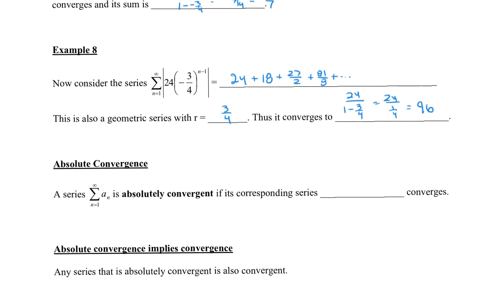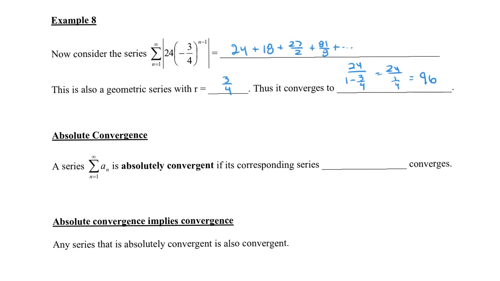And this leads us to what's called absolute convergence. A series is said to be absolutely convergent if its corresponding series, n equals 1 to infinity, of a sub n wrapped up in absolute values converges. That's what happened.